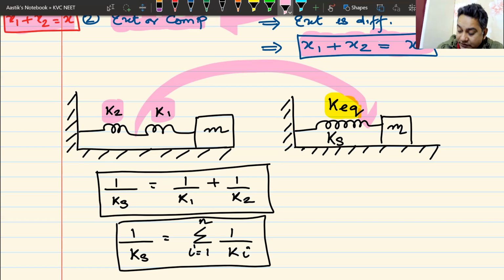This is what you need to remember in the series combination of springs. Most of the cases you will only have 2 springs to deal with. But you know, anything can happen in the examination hall. You can have 3 springs or 4 springs or 5 springs. You never know.